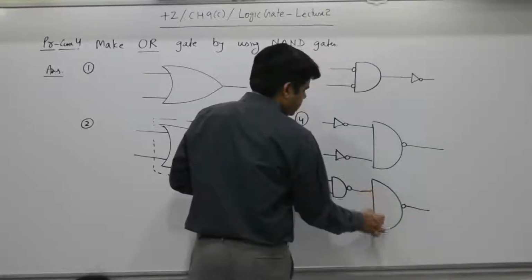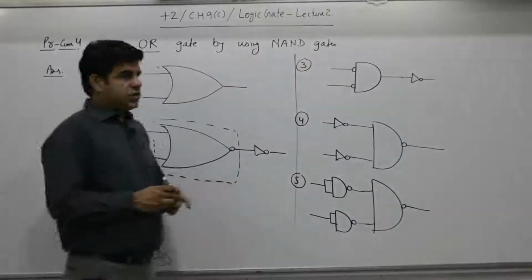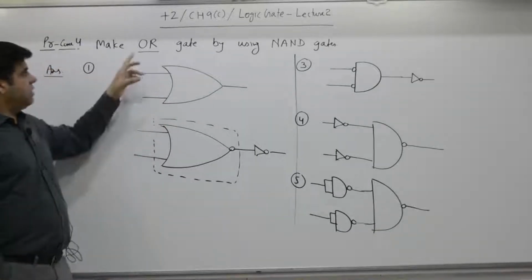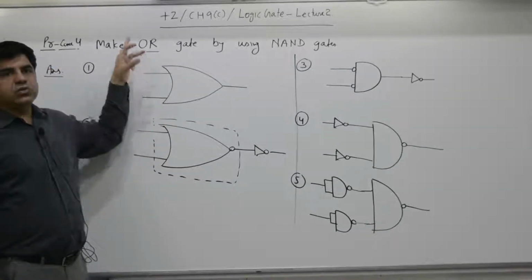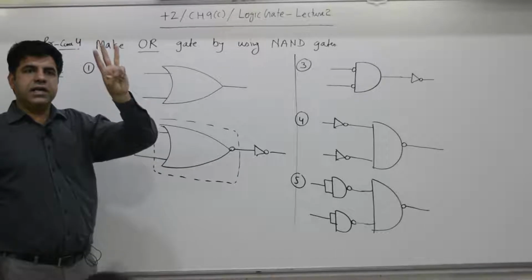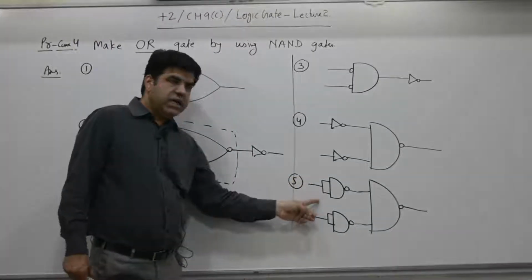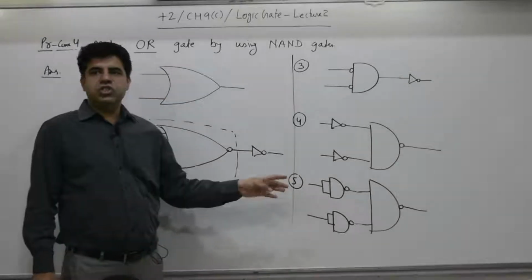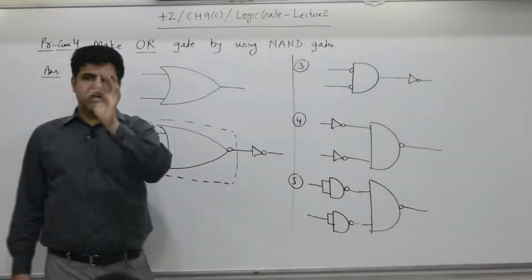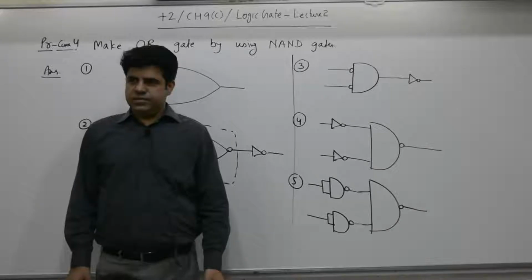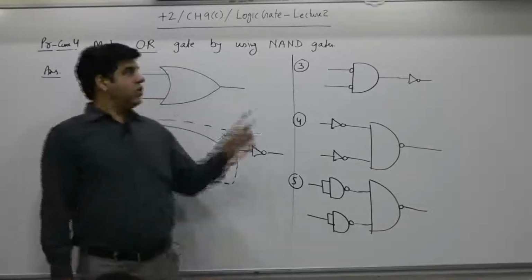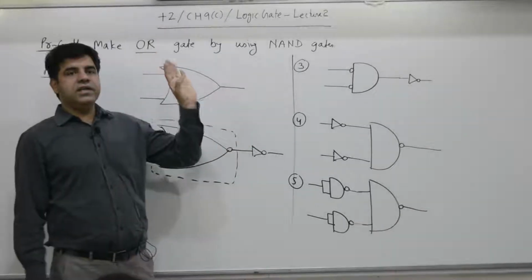So the question is, you can get competition question. You can get one OR gate using 3 NAND gates, out of which 2 NAND gates inputs are short circuited. That is the correct answer. One OR gate from how many NAND? 3.